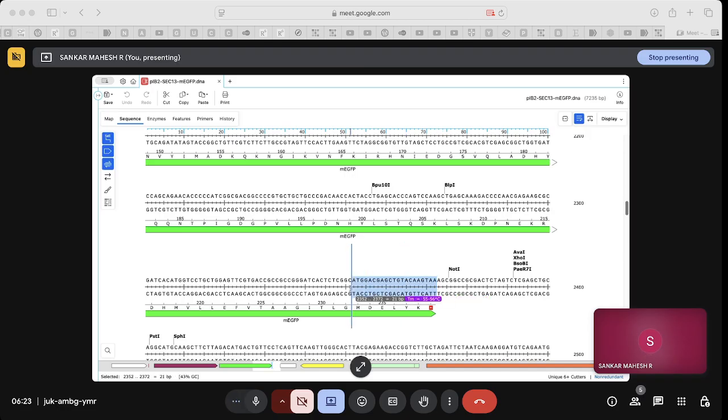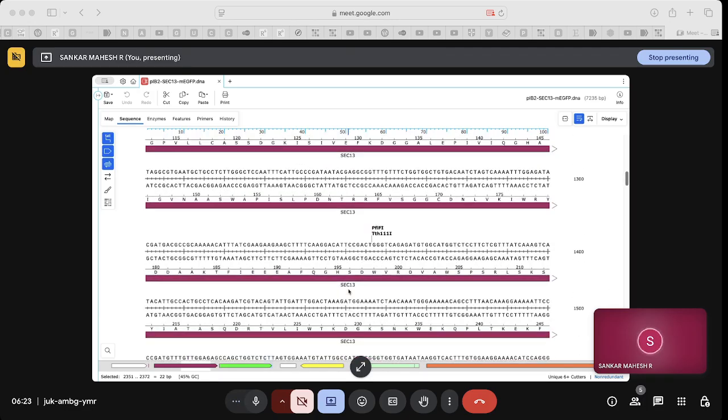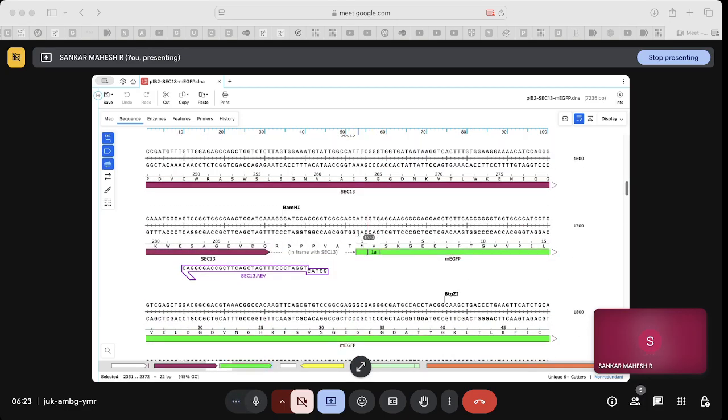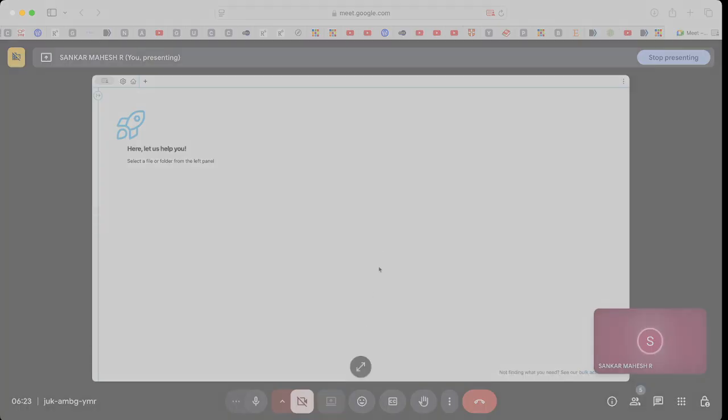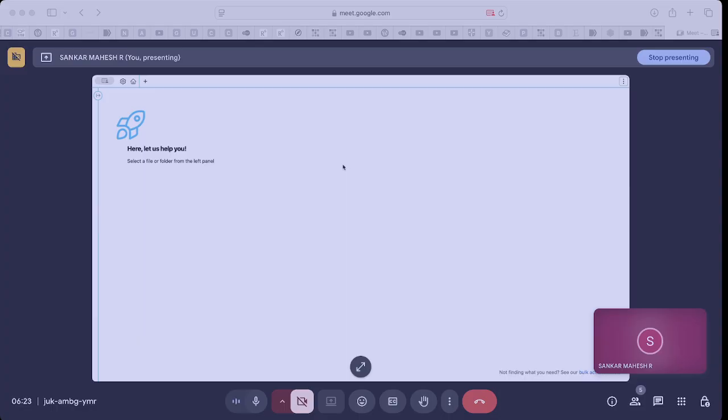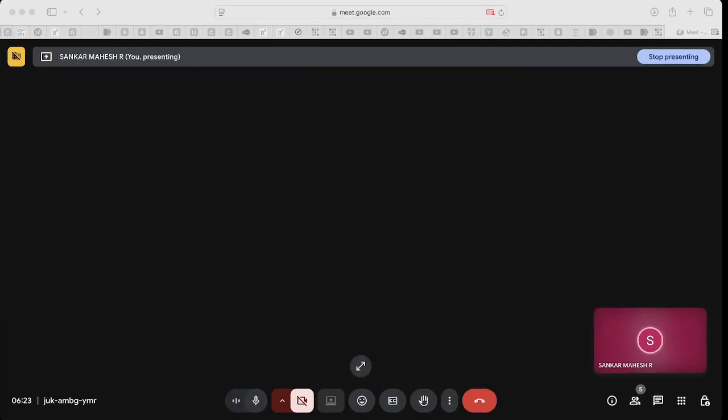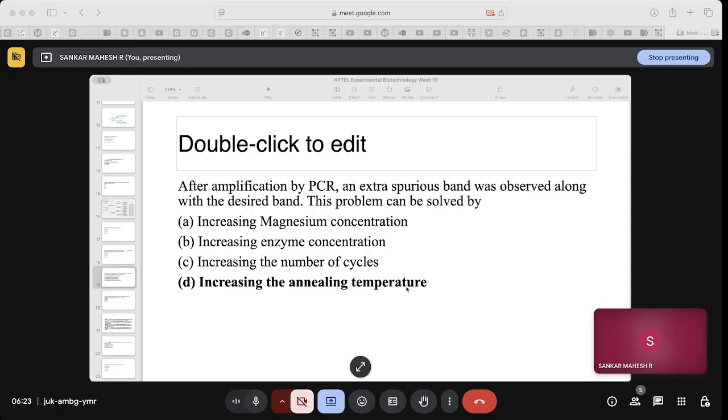If you notice here, for 22 bases it is 56 to 57 degrees Celsius, whereas in the forward primer, for 16 to 17 bases itself, we have 57 to 59. So ideally, what you should optimize for is the temperature, not the length. As long as both of your primers are in a similar temperature range, your experiment would work. Was that clear?